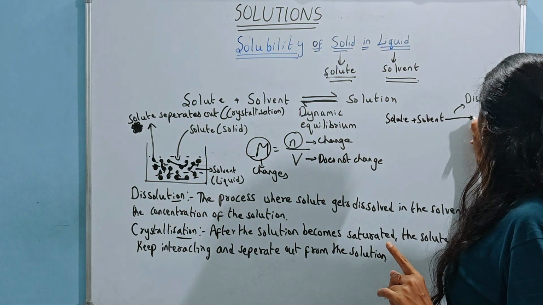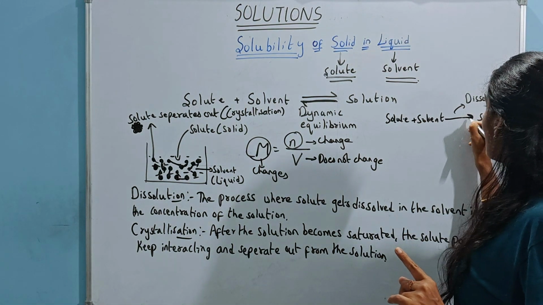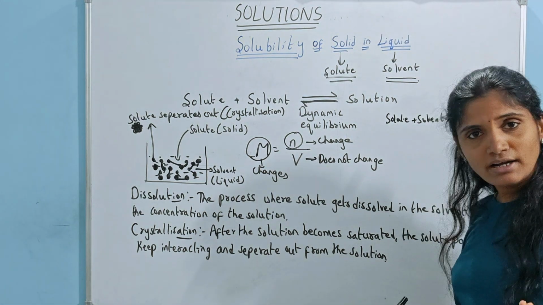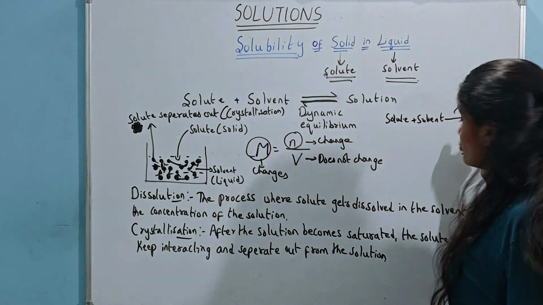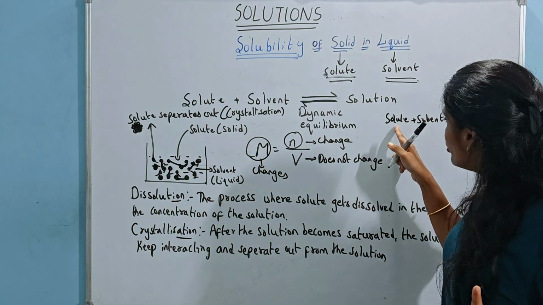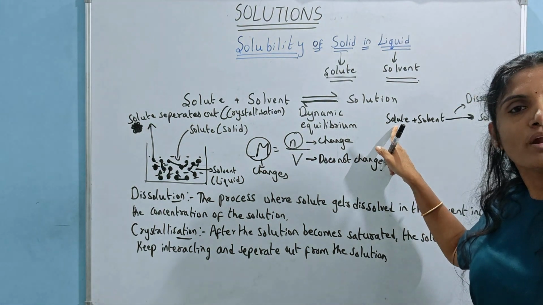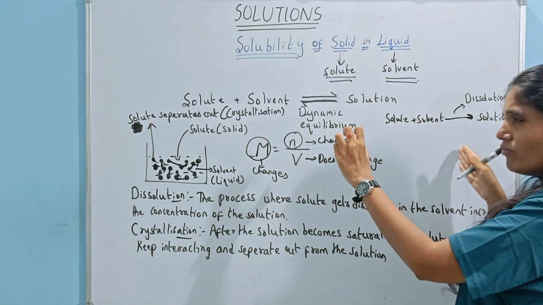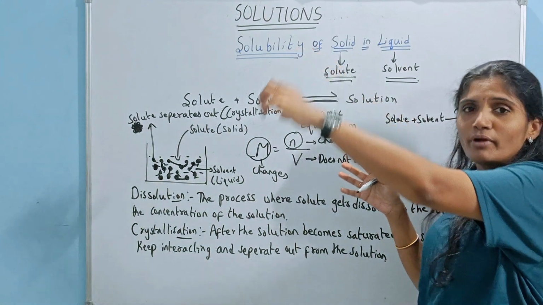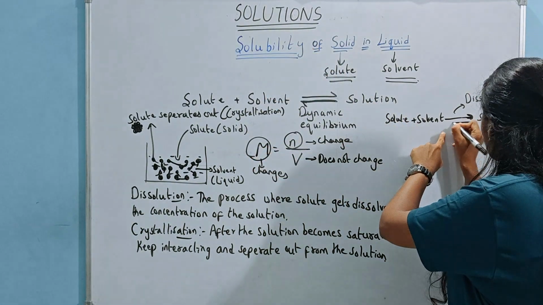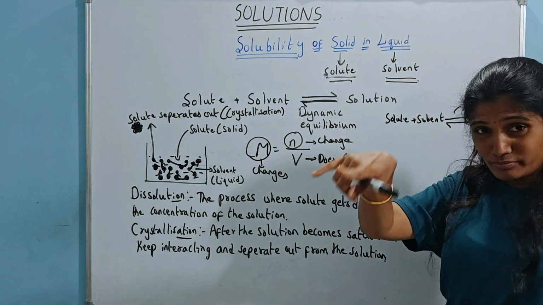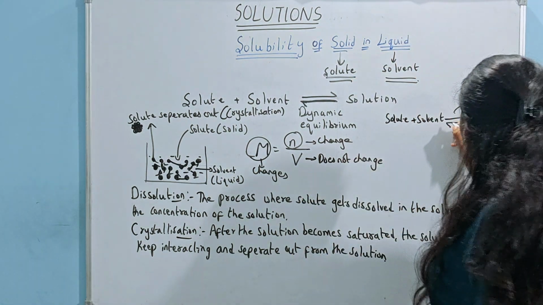Now what is happening? After reaching the saturation point, the solute particles started interacting, and from the solution, the solute particles started getting separated out. When solute is getting separated out, obviously solvent also will be separate. Solute is going out as crystals.